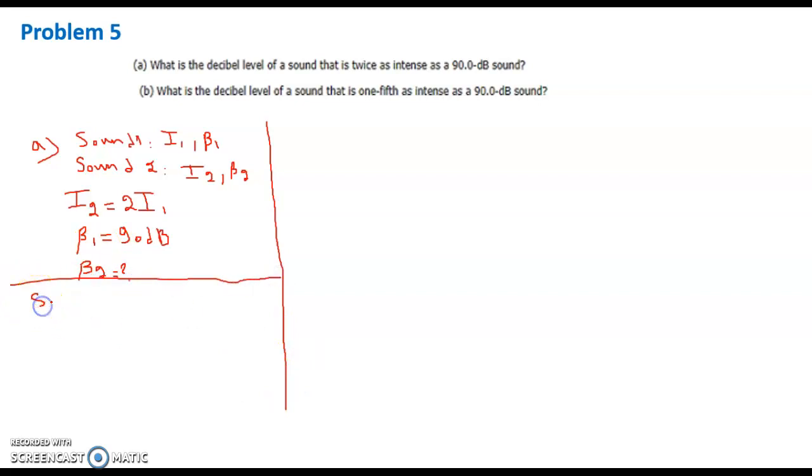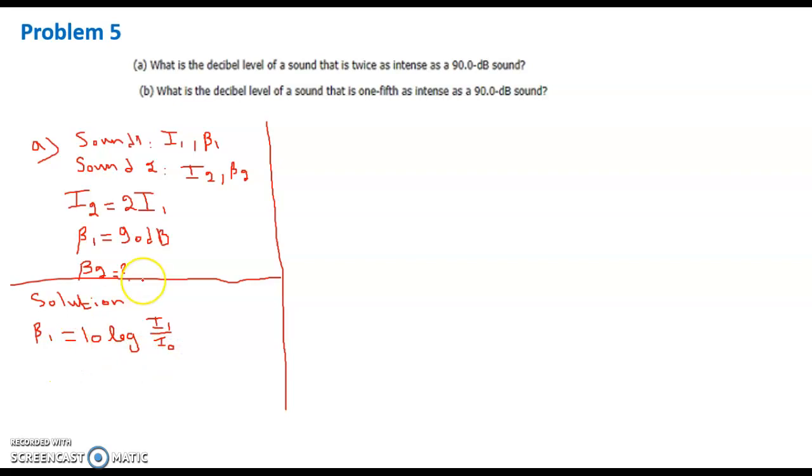As a solution here, we have beta 1 equal to 10 log I1 by I0. You know that I0 is the threshold of hearing intensity.